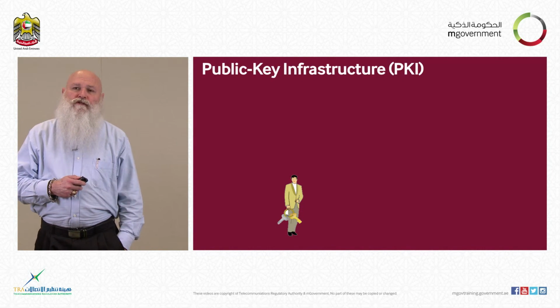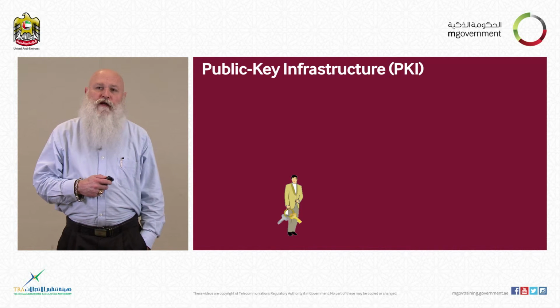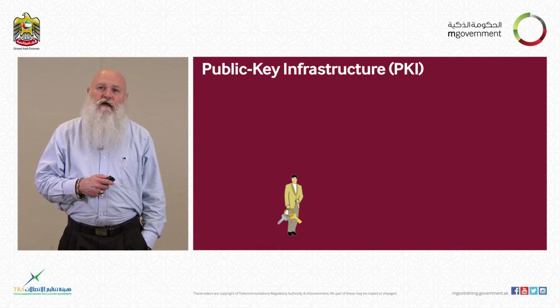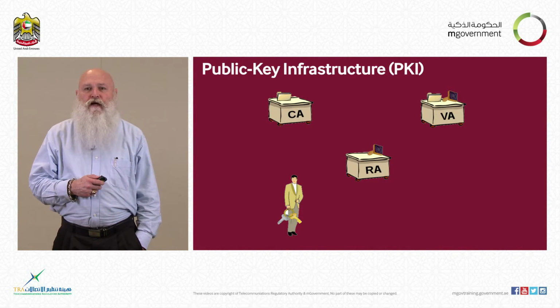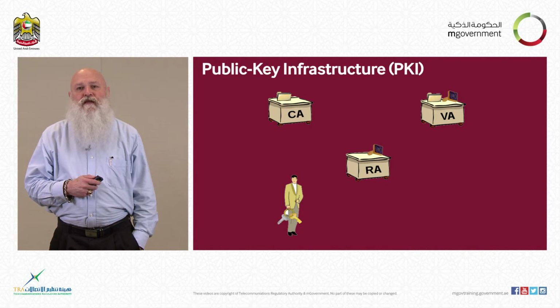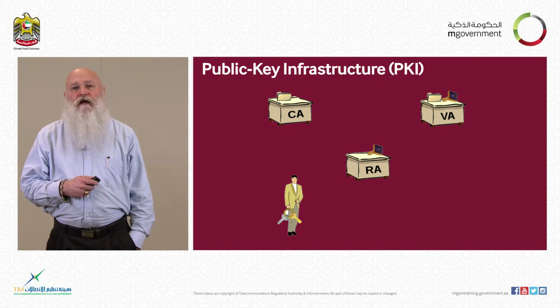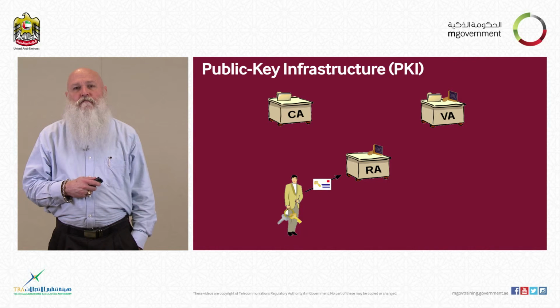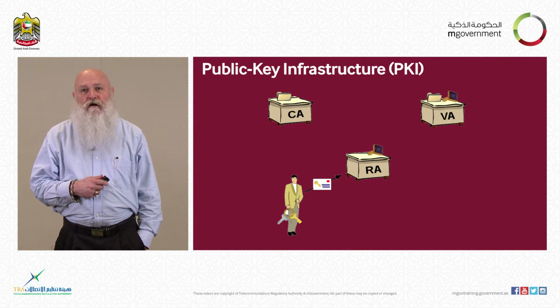Alice or Bob would generate a public-private key pair, and then using that public-private key pair, take the public key and insert it in a message paired with their identity. They transmit that message to the registration authority.